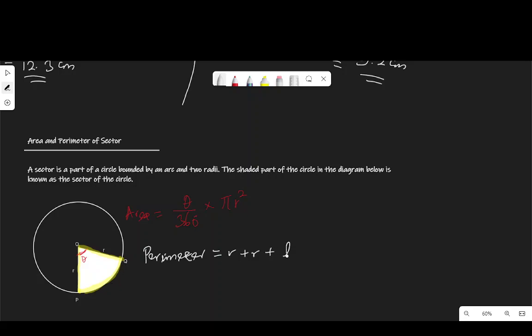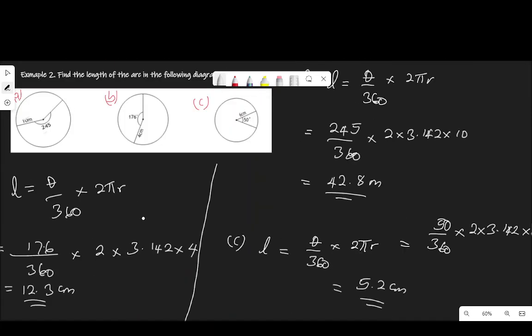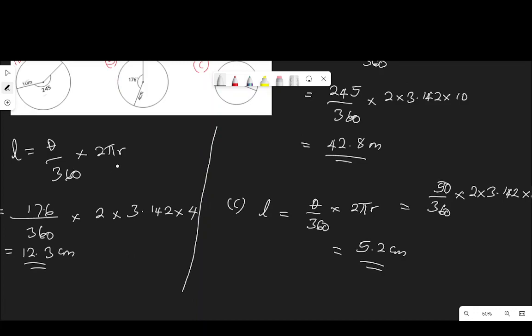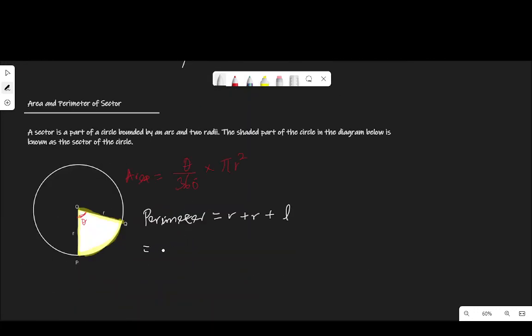Let me call it L. And from our previous example, length of arc is theta over 360 times 2 pi r. Therefore, this perimeter will be r plus r is 2r plus L, which is theta over 360 times 2 pi r. So this formula here gives us the perimeter of the sector of a circle.